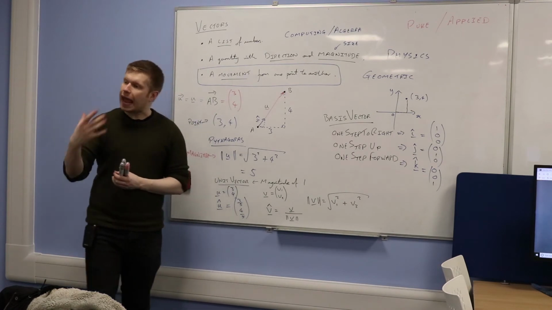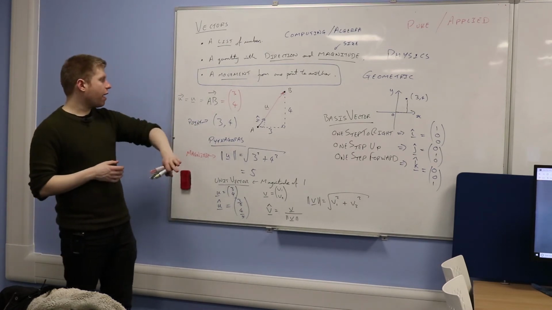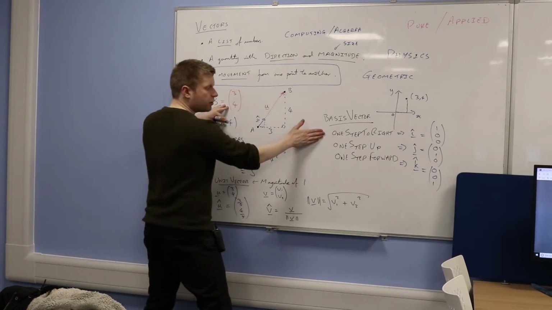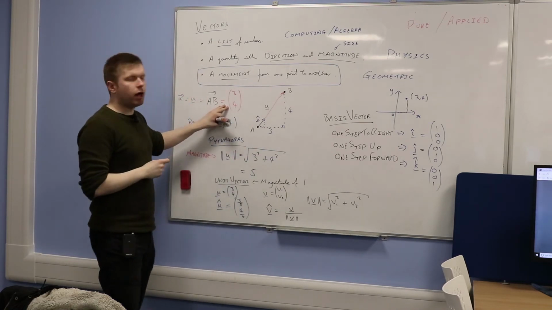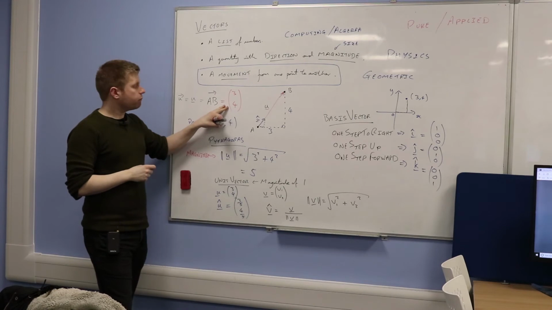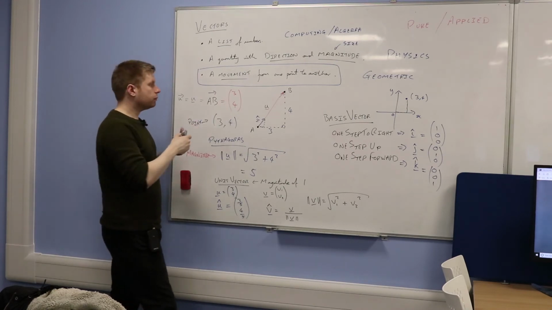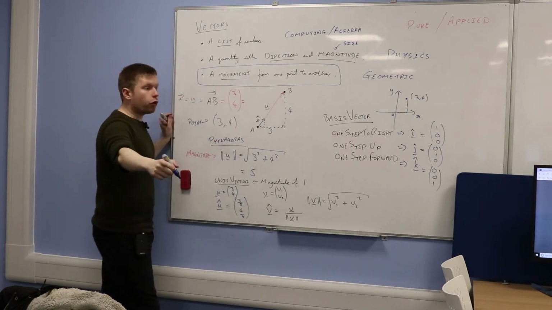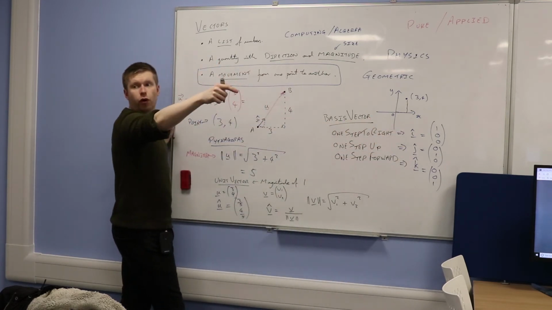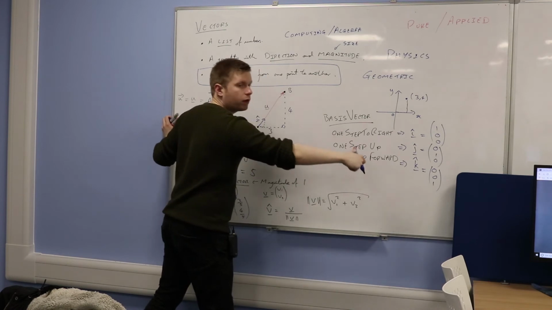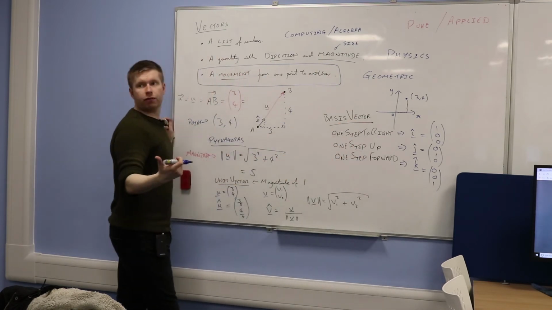Okay? Now, if I wanted to rewrite this vector in terms of steps, either to the right, up, or forwards, how would I do that? I could simply use i, j, k now, because I know that i is just 1 step to the right, j is just 1 step up, and k is just 1 step forward.